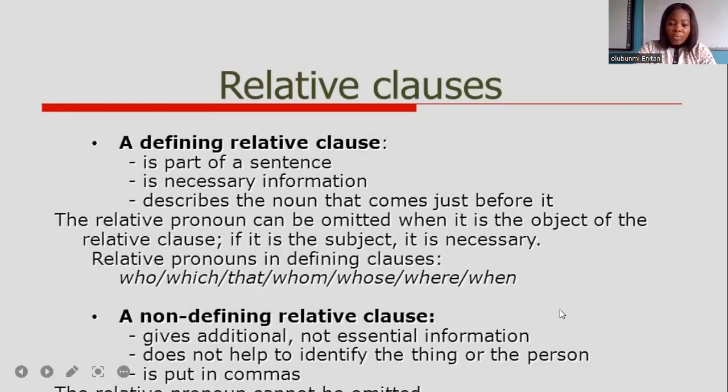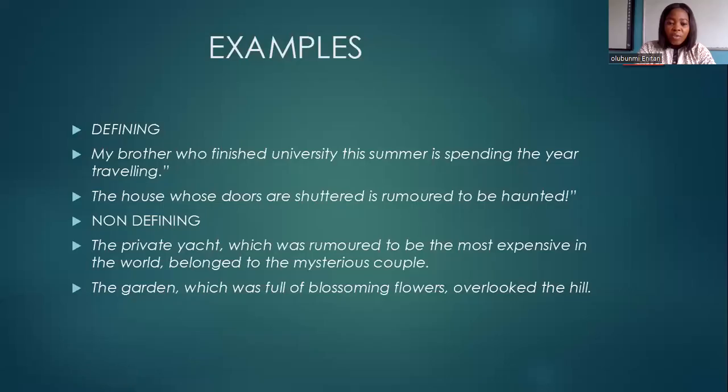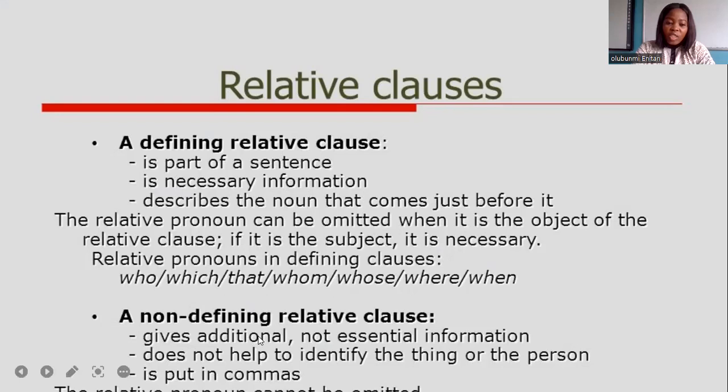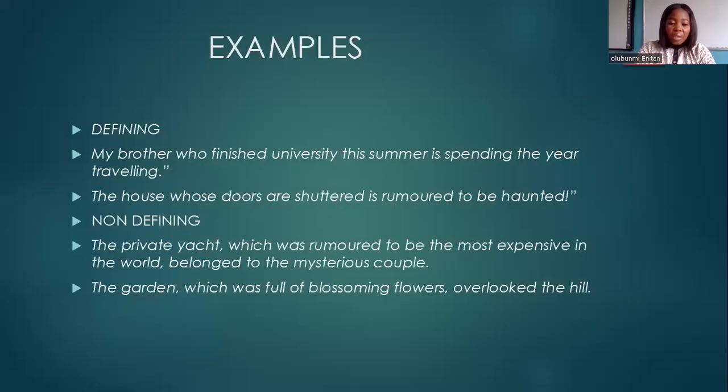But for the non-defining, it's not as important because the relative clause you give in there just gives additional information. It is not essential, so you can just throw it away. You can leave it there, separating it with two commas. But without it, your sentence will still make sense.